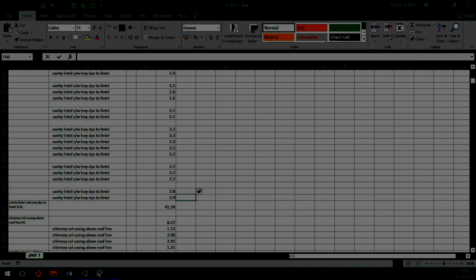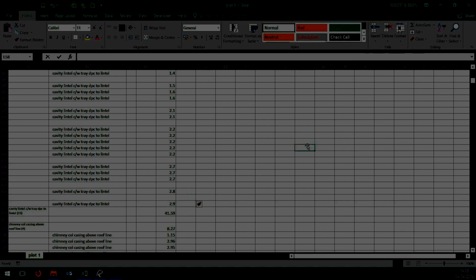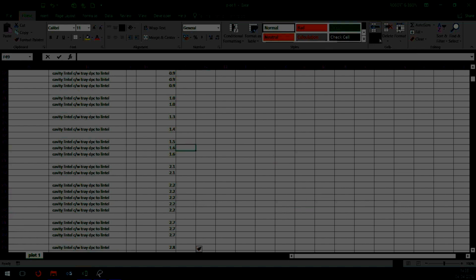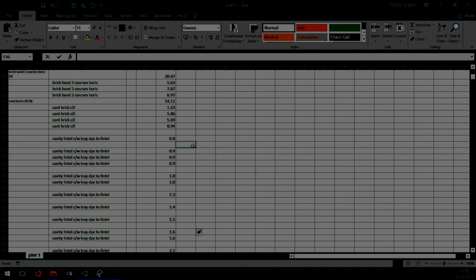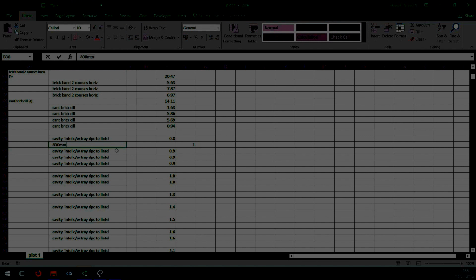So I know I'm waffling, but I'm just trying to get through to show you the next stage. So what you can then do is, well, there's one at 800, and then you've got 3, and you can do the same with stones, arches.